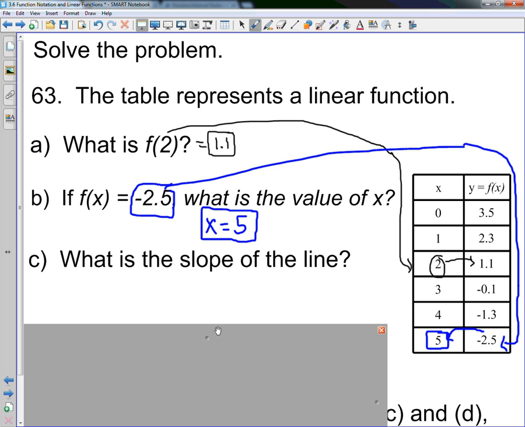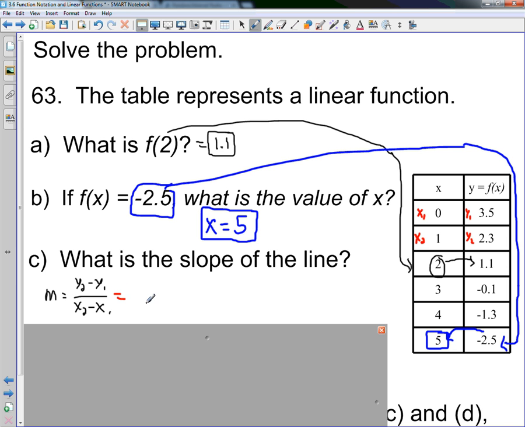What is the slope of the line? Well, we've worked in this chapter with the slope formula. So the slope formula is y2 minus y1 divided by x2 minus x1. So I'm just going to use two of my points. Here's my x1 value, y1 value, x2 value, y2 value. Remember, f of x and y are the same.